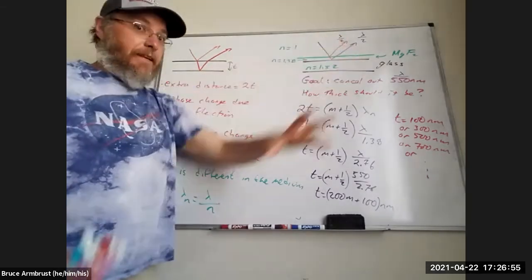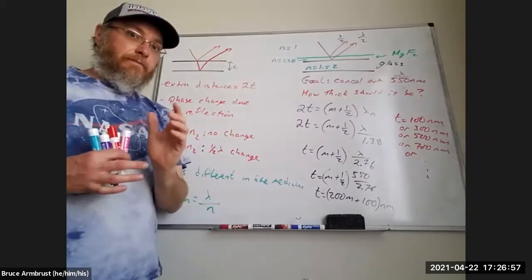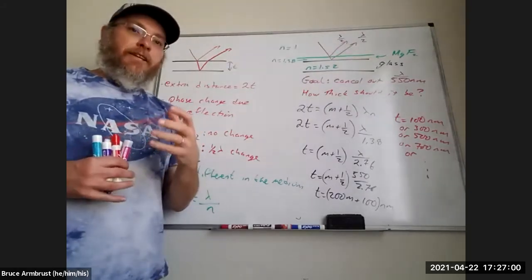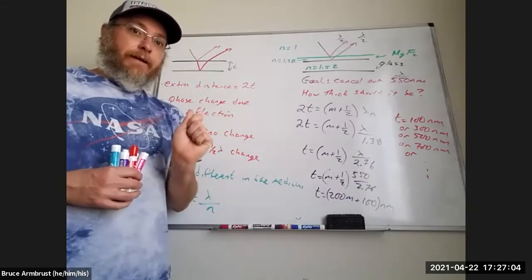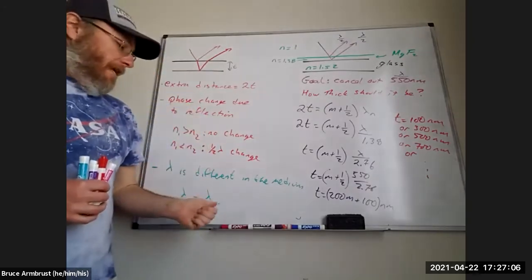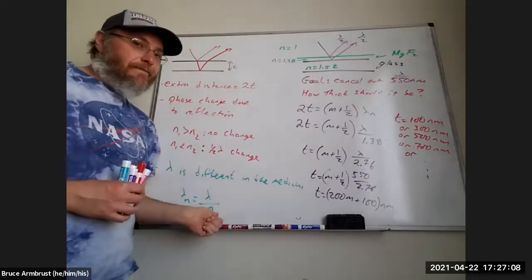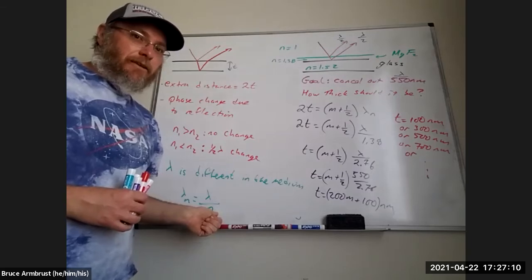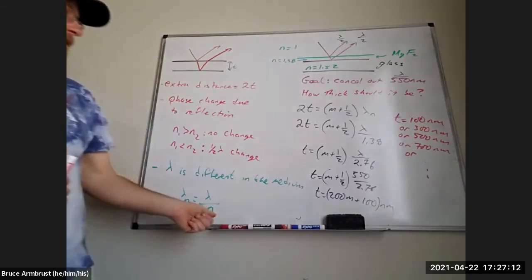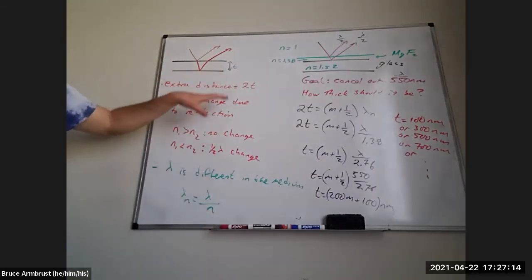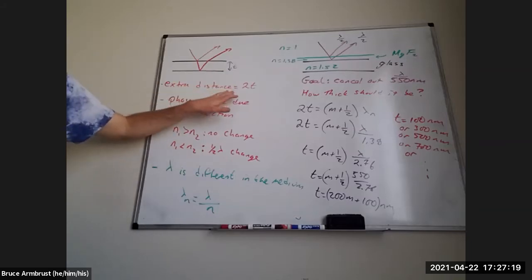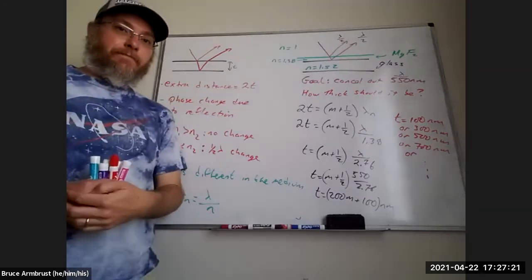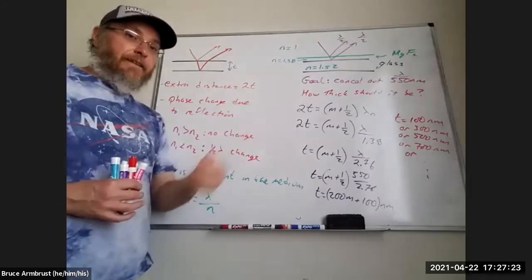So the reflection thing doesn't change. So it's not like all of a sudden the reason it went from blue to green is because there was some phase change or something, right? So that doesn't change. The N of the soap doesn't really change either. Which means if you think about what happens here, what has to be changing is the extra distance of the light, which means the thickness is changing.